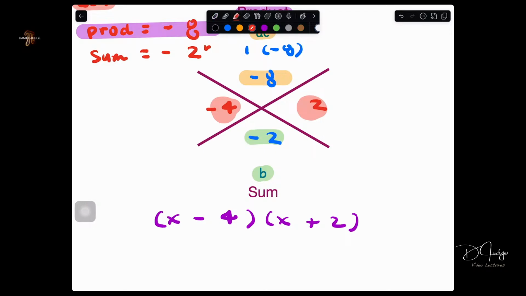It's these numbers here. And you're done. X minus 4, x plus 2. So I want to kind of emphasize that for you guys here. And you have factored.